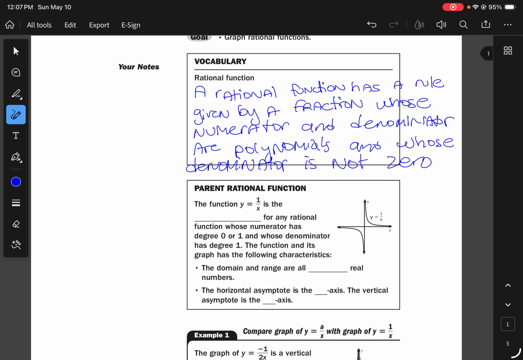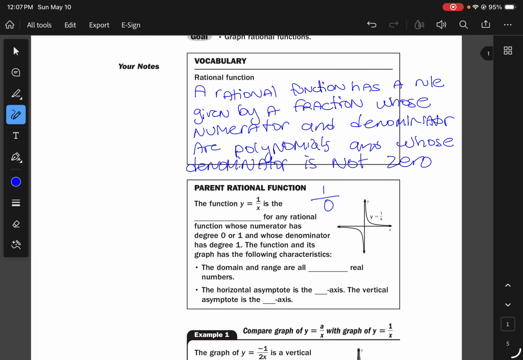Why? Because what happens if you have 1 divided by 0? It's no solution. So the domain and range are all non-zero real numbers.